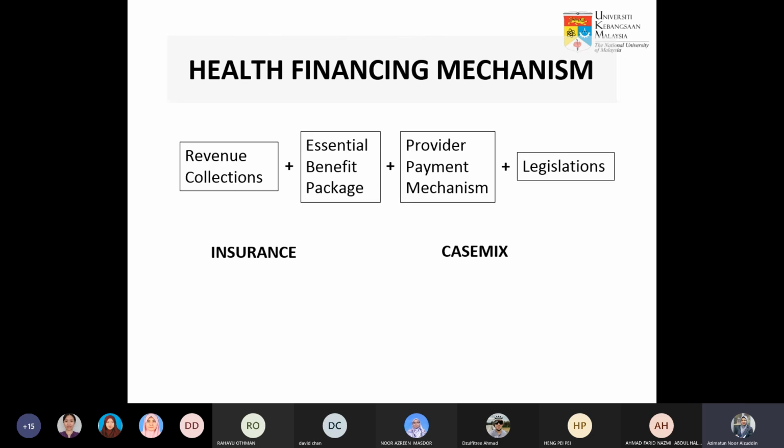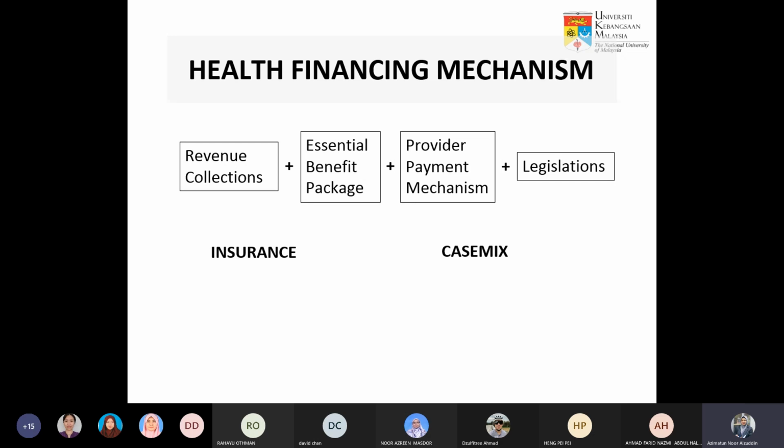So in the health financing mechanism, remember when I talked about the health financing mechanism in the last lecture with all the diagrams that I made, there is an involvement in terms of insurance. What happens in Casemix is in terms of revenue collection. So we come up with an essential benefit package.